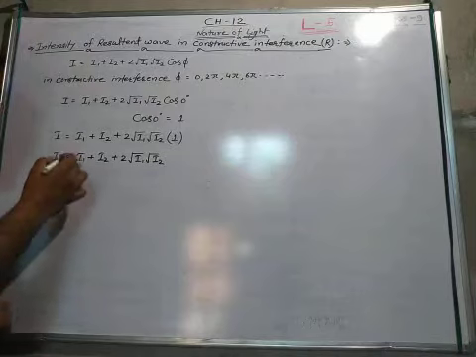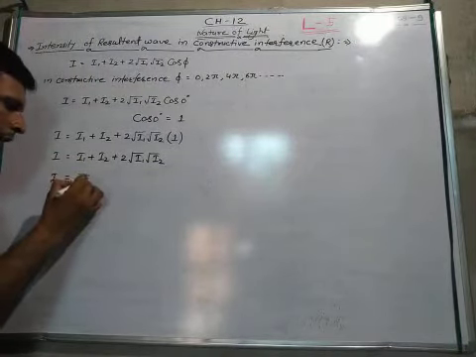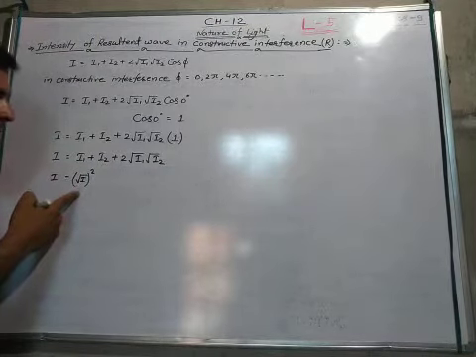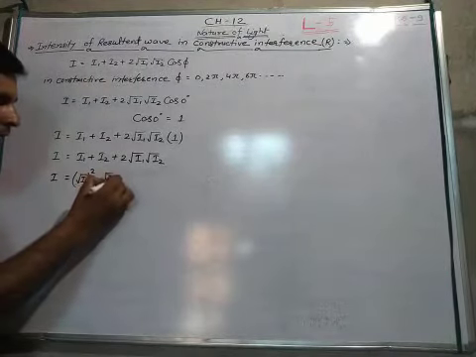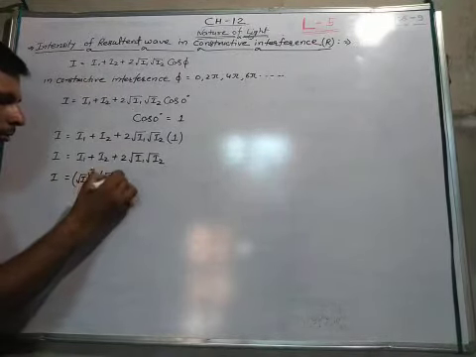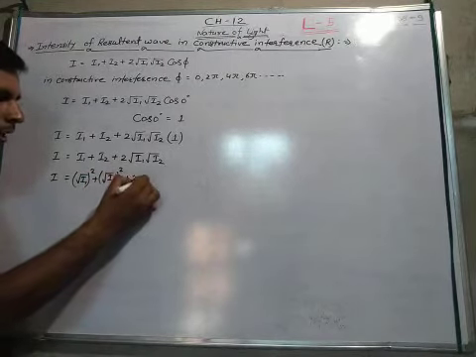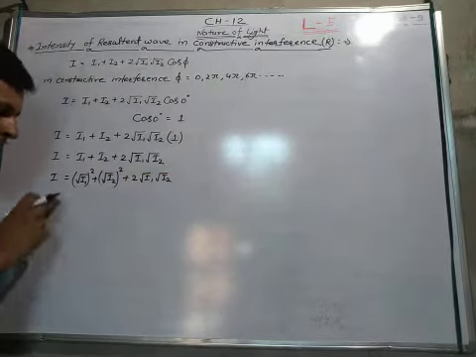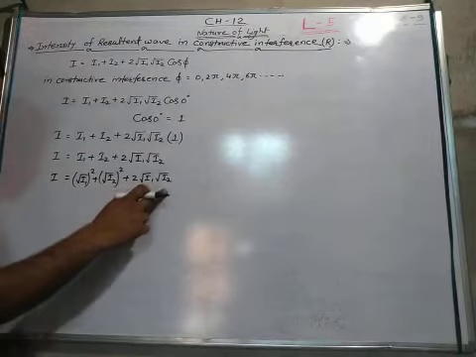Okay, and we can write I1 as the square of root I1, and we can denote I2 as the square of root I2, plus 2 root I1 root I2. Now this is the form of a square plus b square plus 2ab.